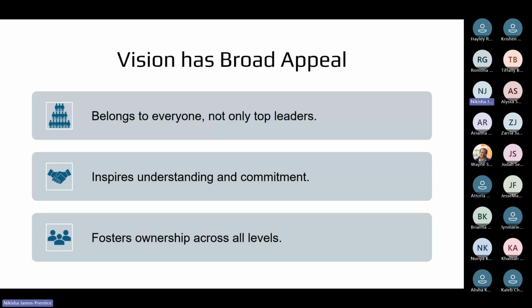If the vision stays isolated at the top, it often fails, as seen when ideas like Ovchinsky's solar innovation were initially dismissed until others were engaged and invested. A strong vision motivates individuals to act independently but in a unified direction toward a common goal.